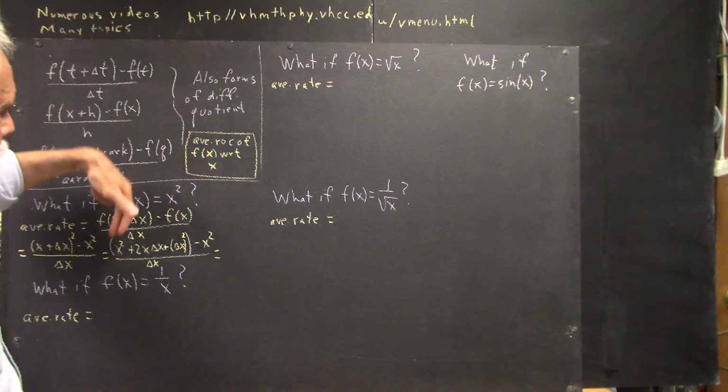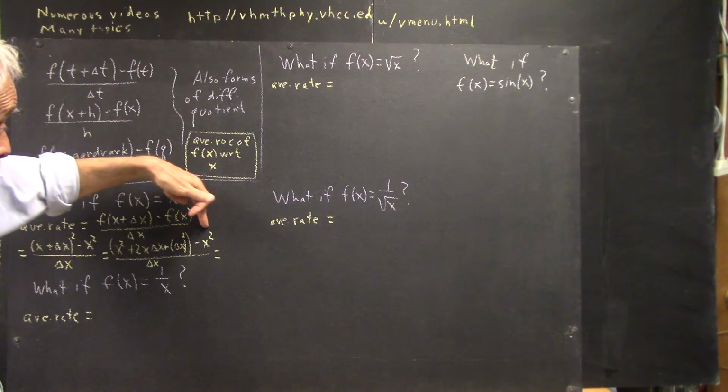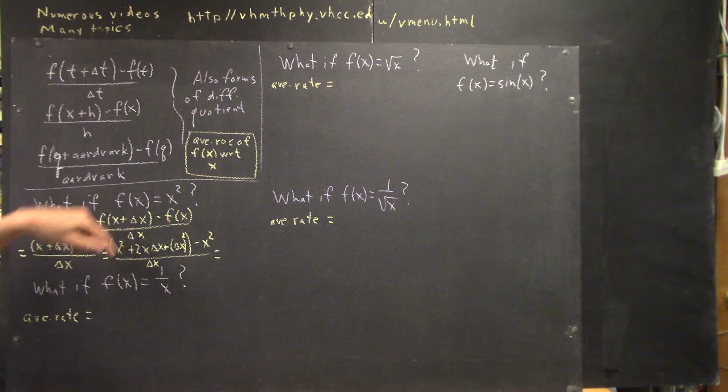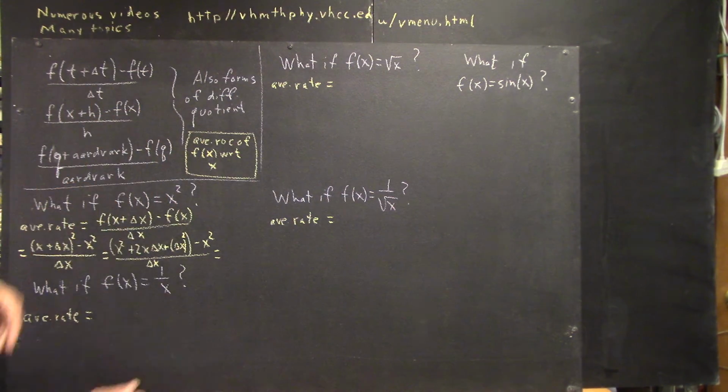Okay, well, what happens with this expression? The x squared, we've got an x squared here and x squared here, goes away. You end up with 2x delta x plus delta x squared over delta x.